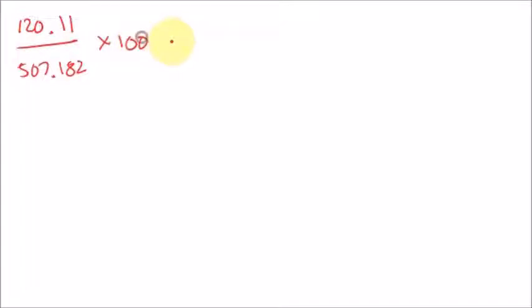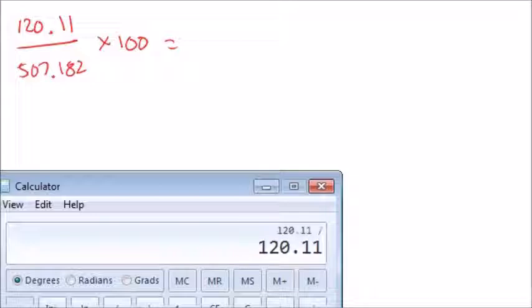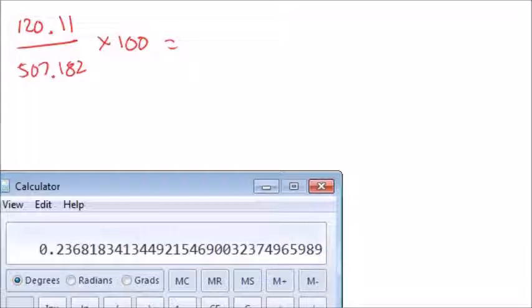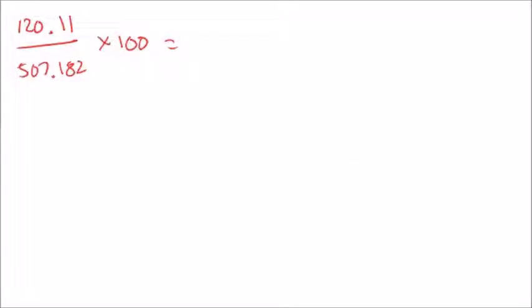Okay, and then our answer needs to be rounded to 5 significant digits, so we can write this as 23.682%. Okay, so that's the percent composition of carbon.